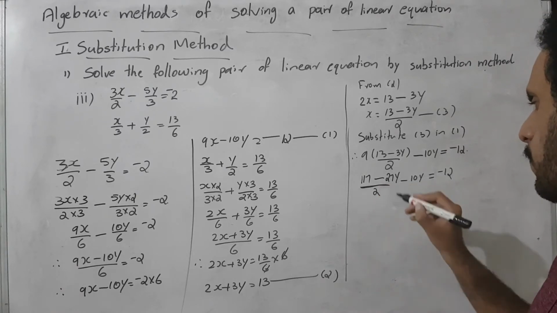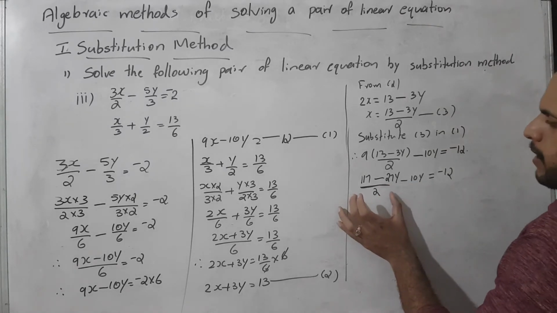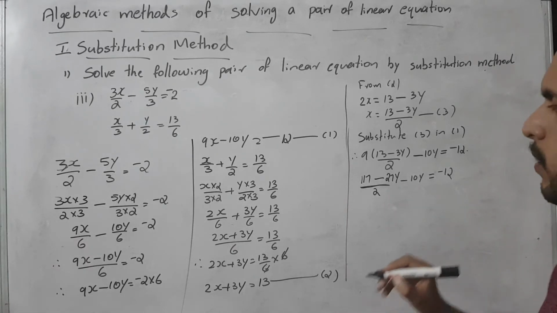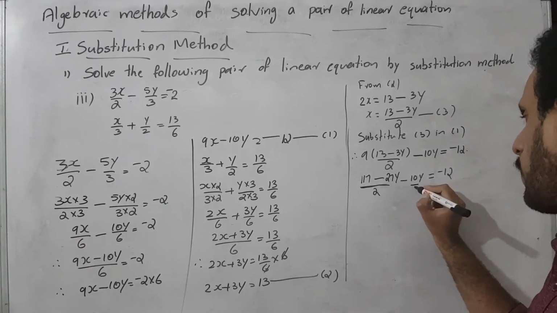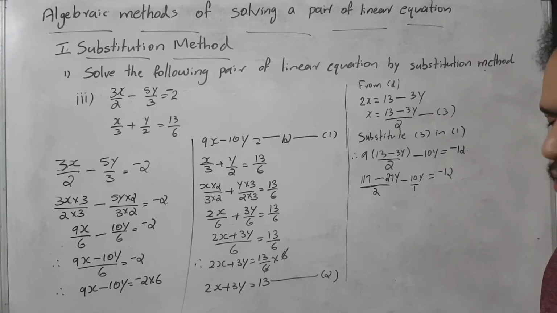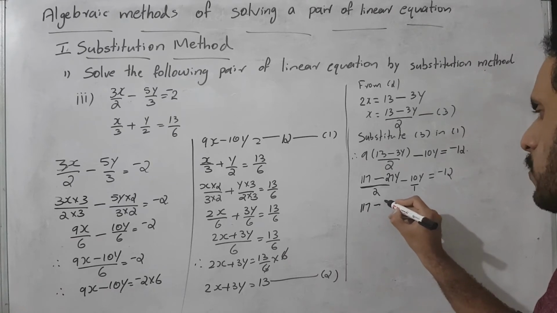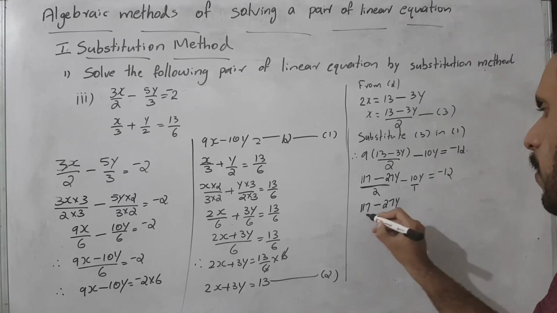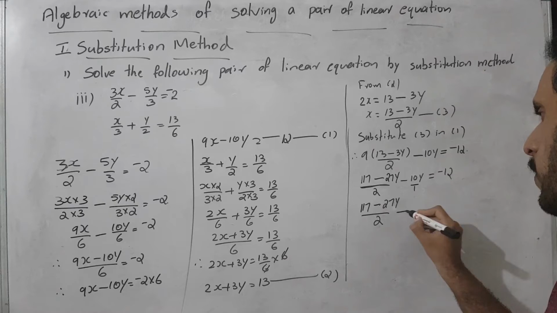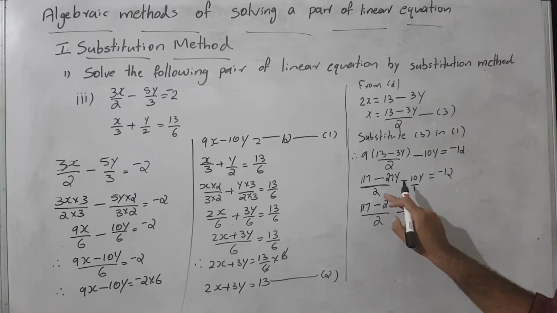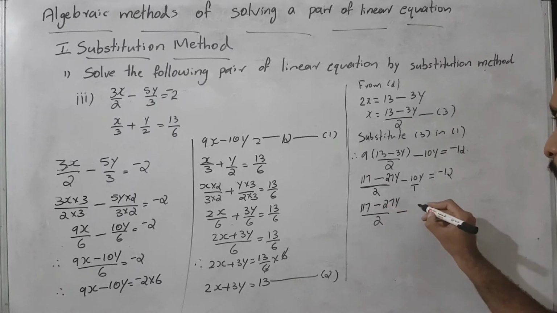Correct? The next step is, we know it's in the form of fraction. This one is not in the form of fraction. So, for doing the work, we equalize the denominator. We make this one in the form of fraction, and 117 minus 27y by 2 minus, we multiply both the numerator and denominator by 2. Why? Because for equalizing the denominator.